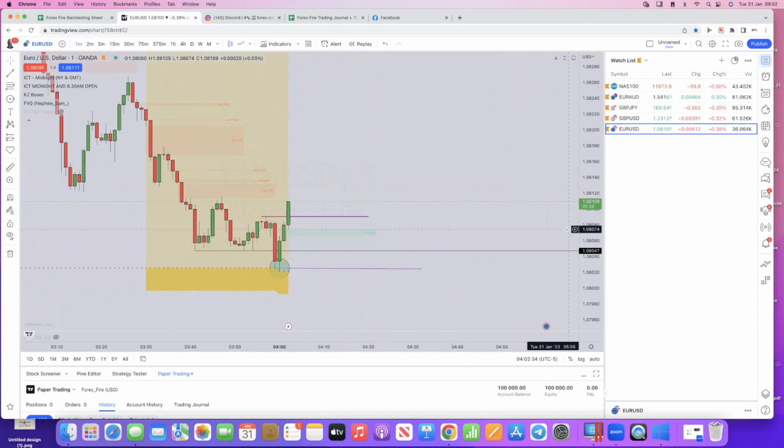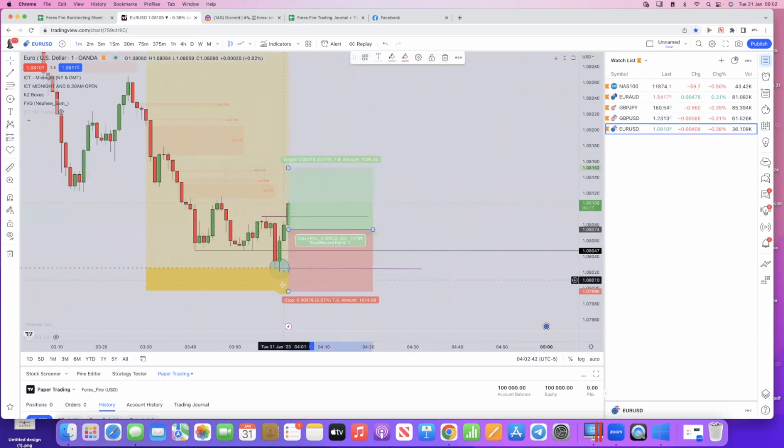Right, so I'm going to set a trade up here, guys. Let's see if I can get this done quicker. So I want to go on a long. I want to do 7 pips.